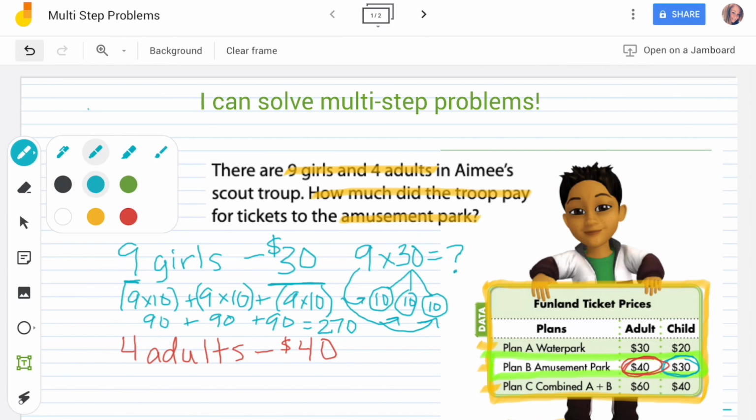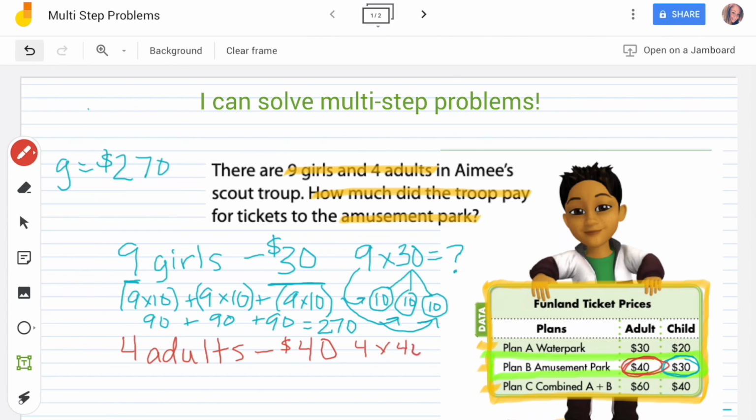Well, now I'm going to go and solve for the adults. I'm going to use the same method or strategy. I have 4 adults, and each of the adult tickets costs $40. So I have 4 groups of 40. That's going to give me my total amount for the adults. I can do the same thing I did above and create a number bond for 40.